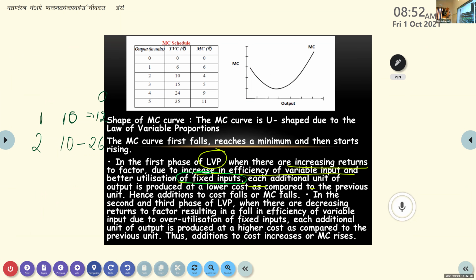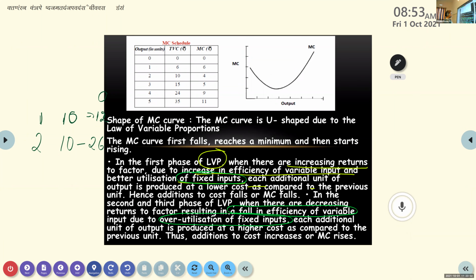Okay. And in the second phase and third phase, what happens? We are getting decreasing returns. When we employ more input, the returns we are getting are reduced. What is the reason for that? The reason is a fall in the efficiency of variable input and overutilization of fixed inputs.